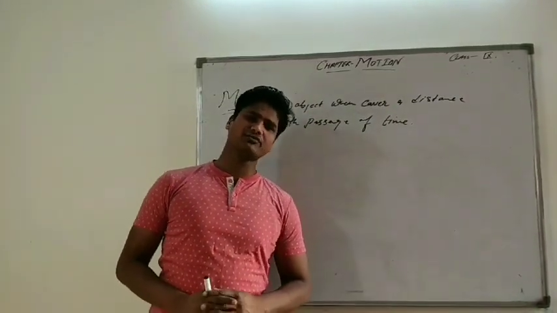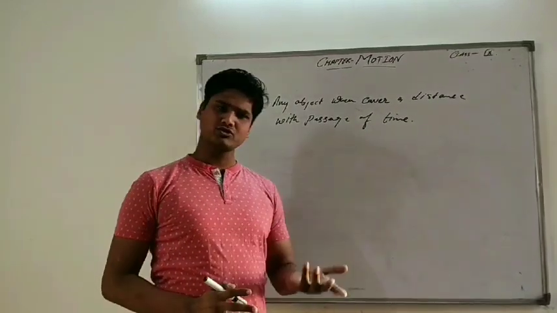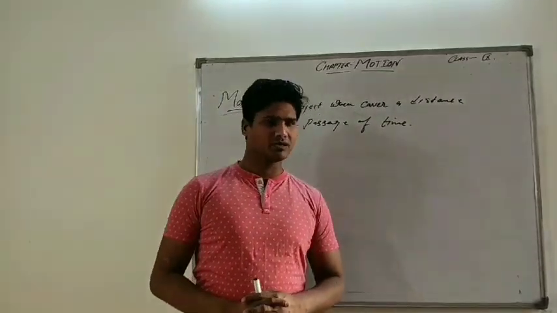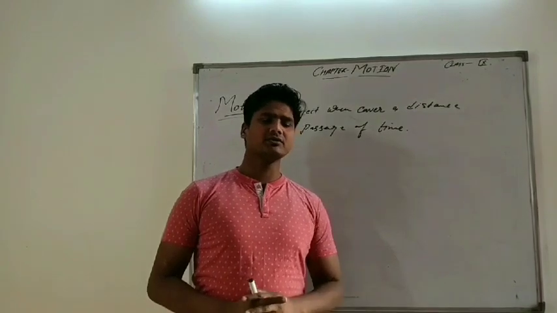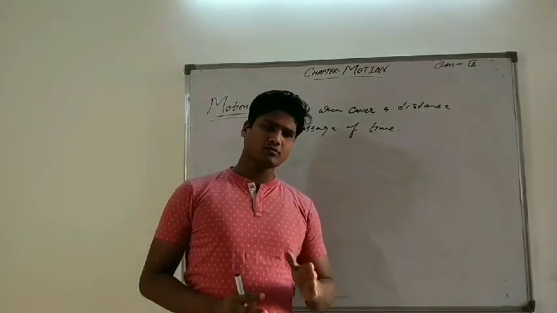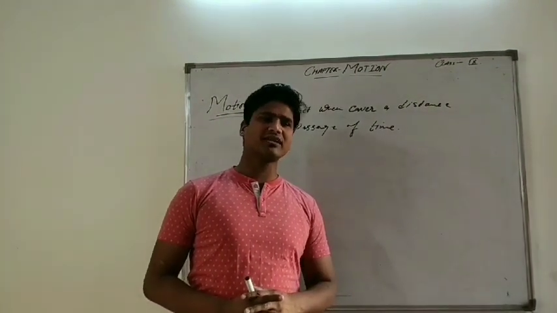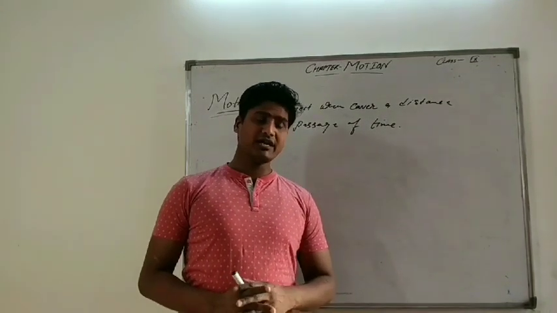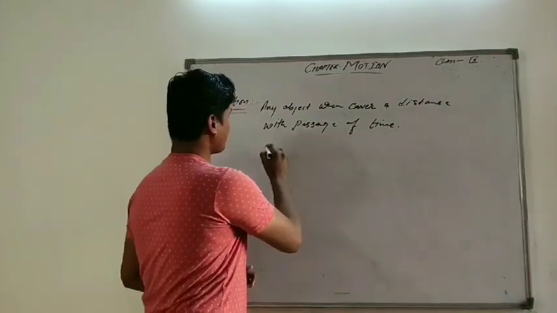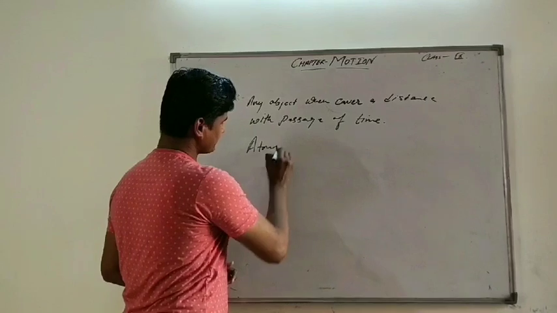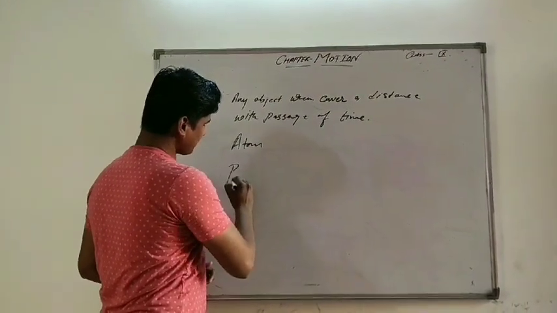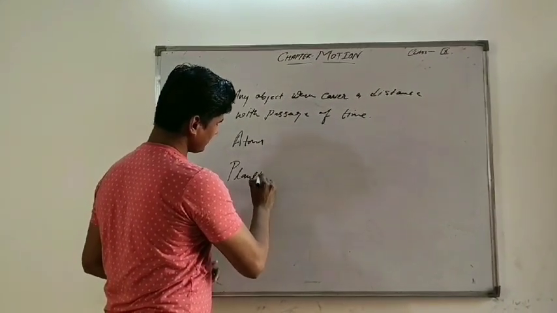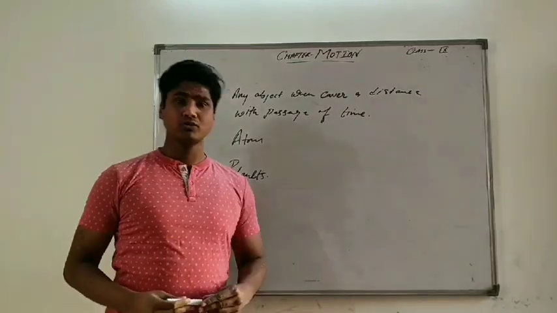In our daily life, we observe many objects which are continuously in motion, such as cars, trains, buses, aeroplanes, any person. These things or objects are performing movement, so we can say they are in motion. Even small objects like particles like atoms and large objects like planets are also in motion.